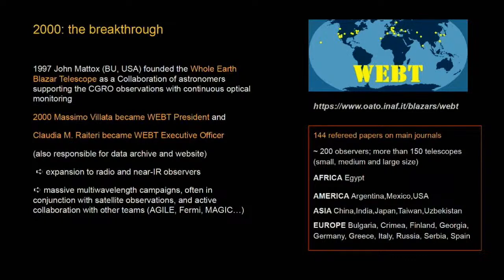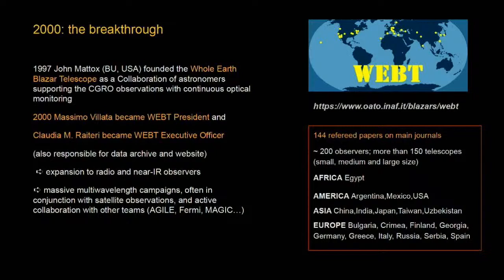Under our leadership, we expanded the WEBT also to include radio and near-infrared observers, and we organized several massive multi-wavelength campaigns, often in conjunction with satellite observations. We also have active collaborations with other teams: AGILE, Fermi, MAGIC.